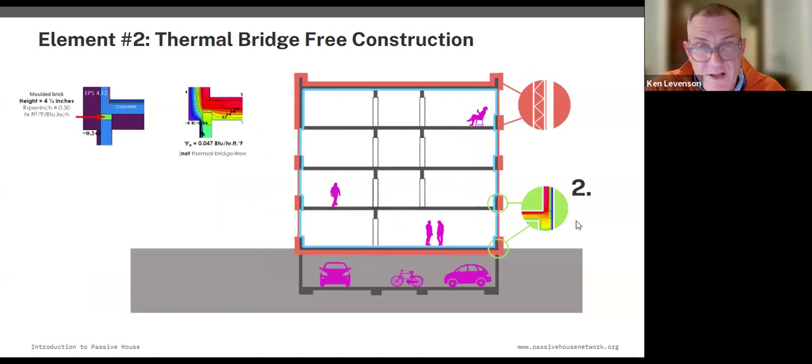Thermal bridge free. So again, at these connections, right? And here's an example to try to illustrate a little bit, where often at these points you have discontinuity of the insulation. Here is a diagram showing the floor and the wall, and you have masonry construction. And here's a piece of masonry. It's not thermally very good, just regular old brick.